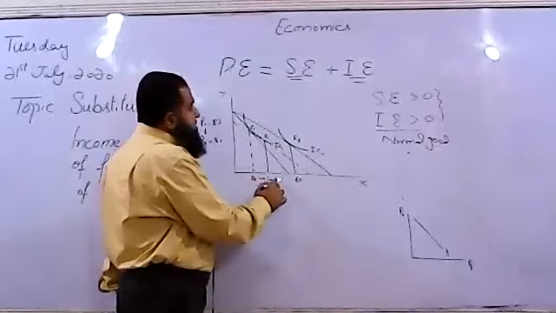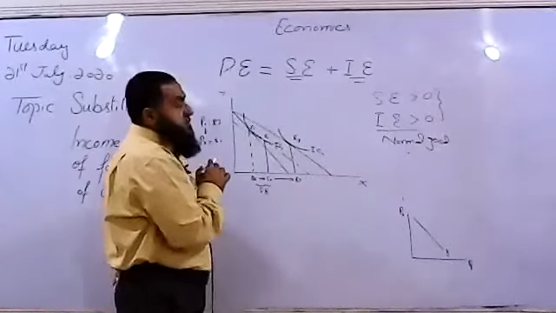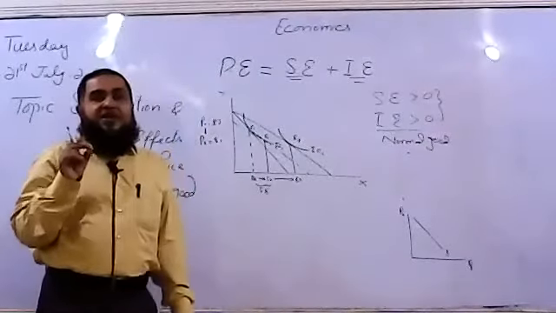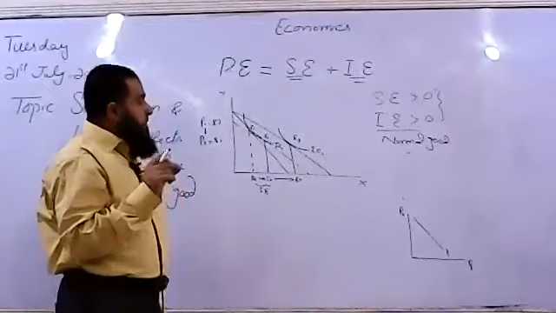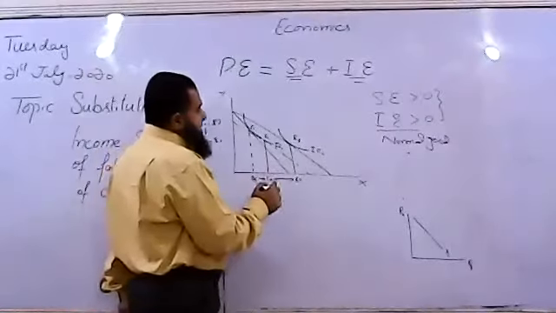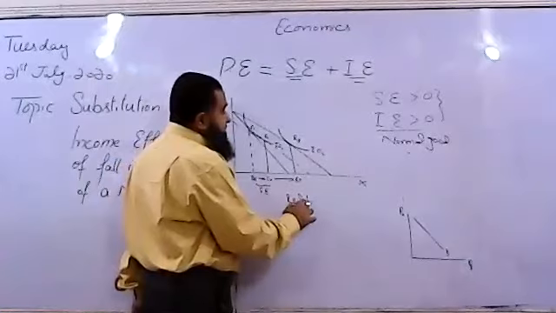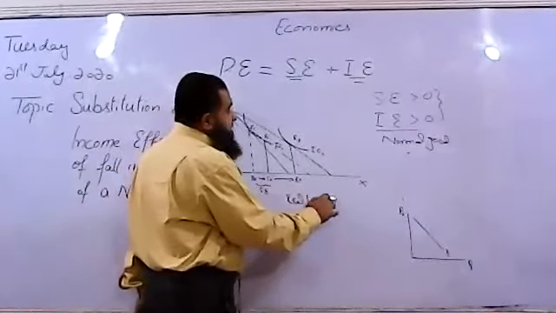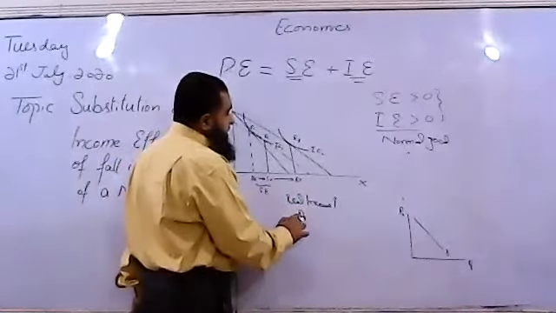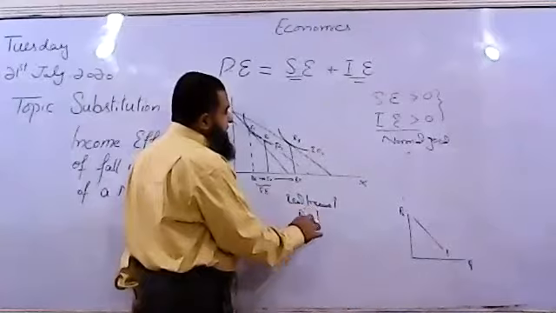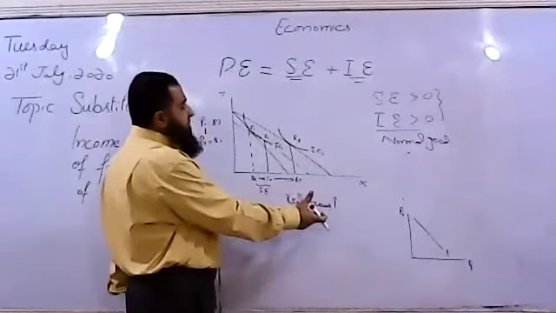Now, these 3 units are further increased due to the fall in price, and his real income has increased. Nominal income remains the same. When real income increases and the quantity demanded of X increases, it is normal behavior.